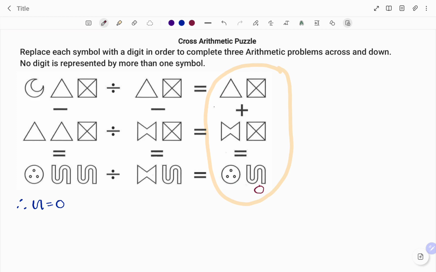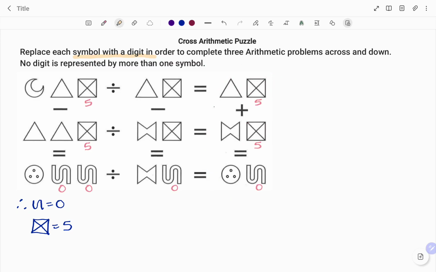So I need a value for my box plus my box to give me a 0 first, and then I need to regroup and carry a number to my left hand side, because we've been told that each symbol is a digit. The only digit that if I add together will give me a 0 is 5, because 5 plus 5 is 10. So the box with X in the middle will be equal to 5.